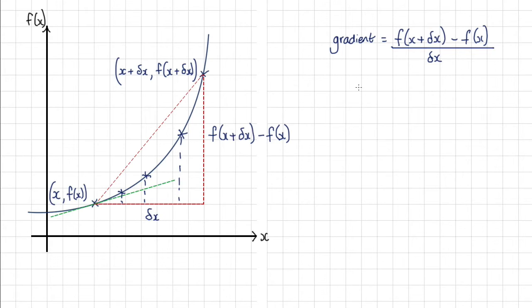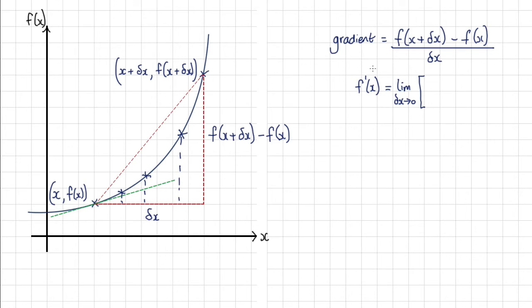And what we say in that case is that f dash of x is equal to the limit as delta x tends to 0 of this gradient function here. So let me explain that a bit more.